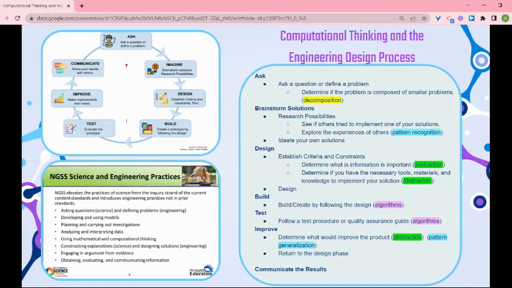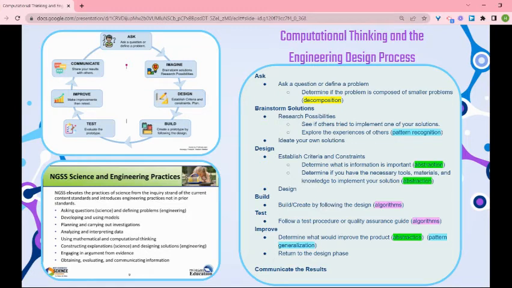And then communicate the results. And you can see in this graphic, I've highlighted exactly where each of the computational thinking components are embedded in this engineering design process. So they're really not separate. You can't really have engineering design without using computational thinking.